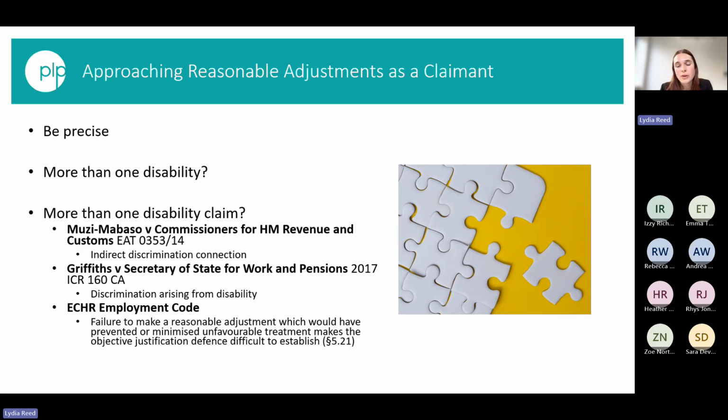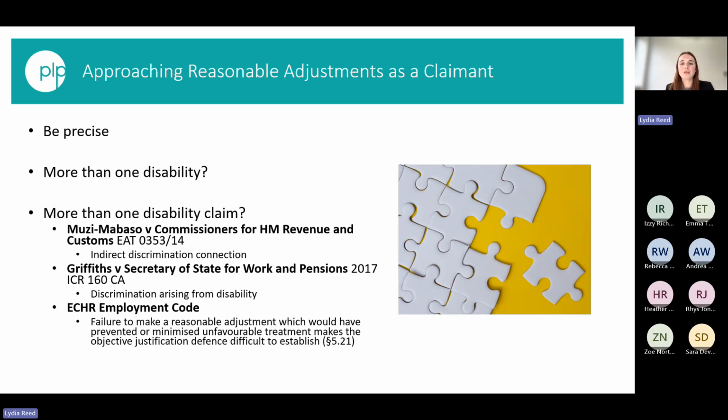However, on the reasonable adjustments claim, which used the same PCP, they concluded that no substantial disadvantage was made out. So in that case, it was the same evidence and the same PCP, but for the particular disadvantage, it was met, but for substantial, it wasn't.